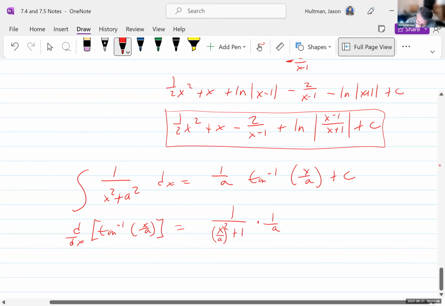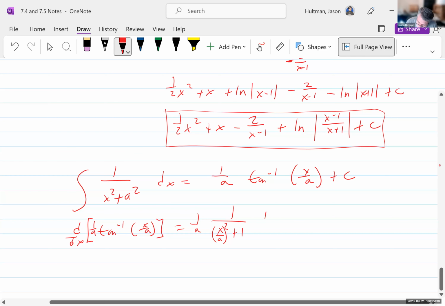Actually, let's do it the other way around. Let's put the 1 over a inside. The derivative of this is going to be 1 over a times the derivative of the inverse tangent, times the derivative of x over a, which should be 1 over a.